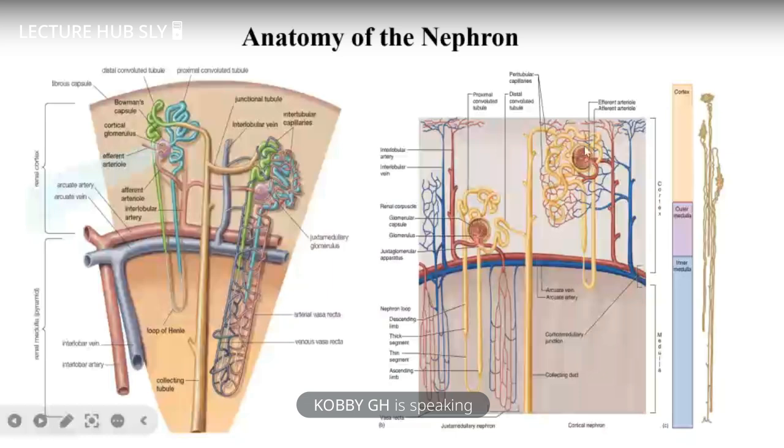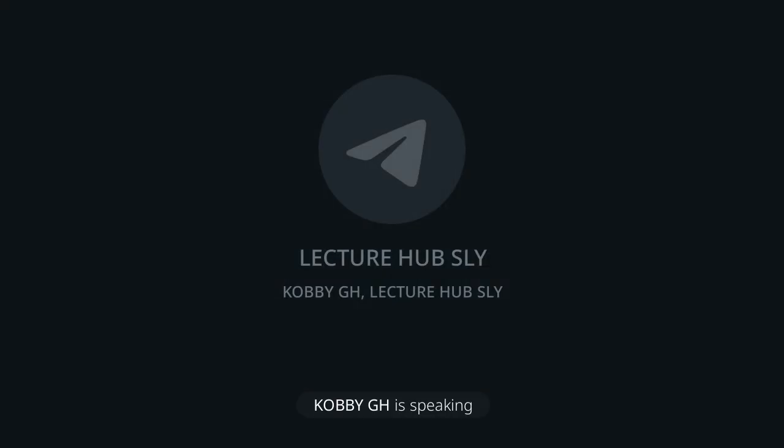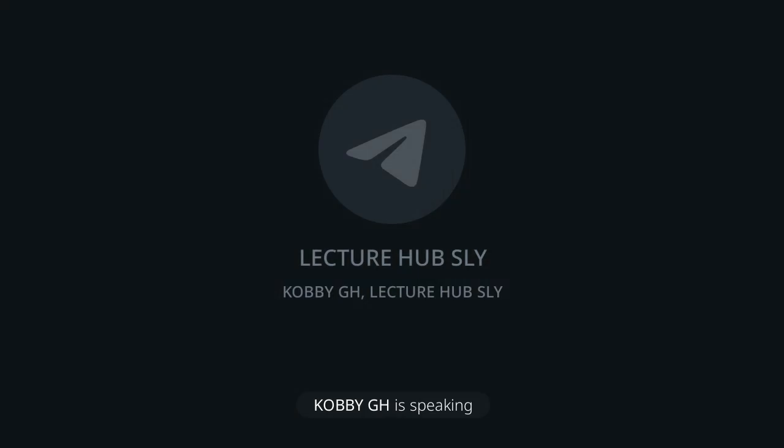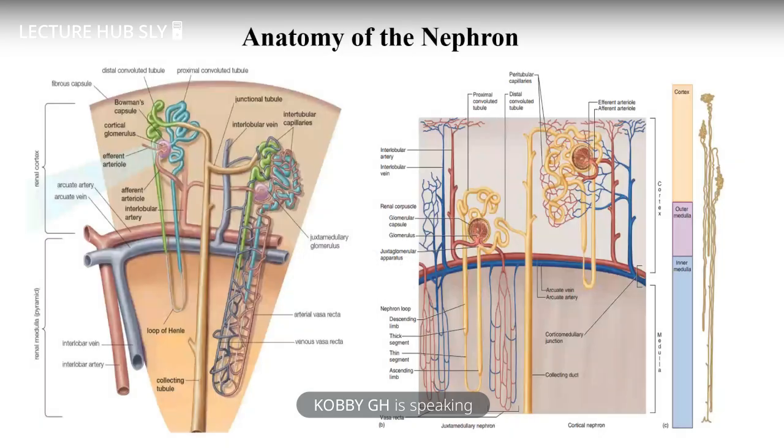That is one characteristic of the cortical nephrons, and that's why we call them cortical nephrons. Their renal corpuscle is situated deep in the outer part of the renal cortex.